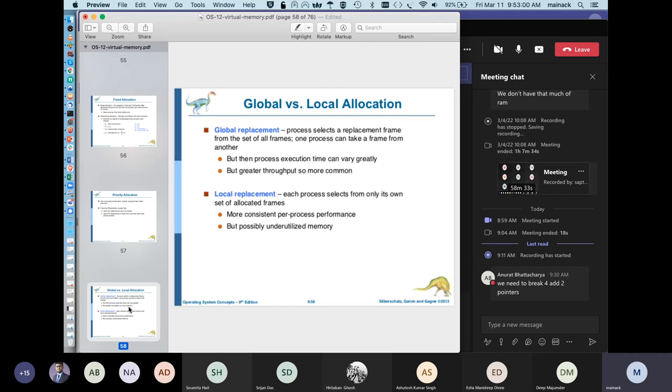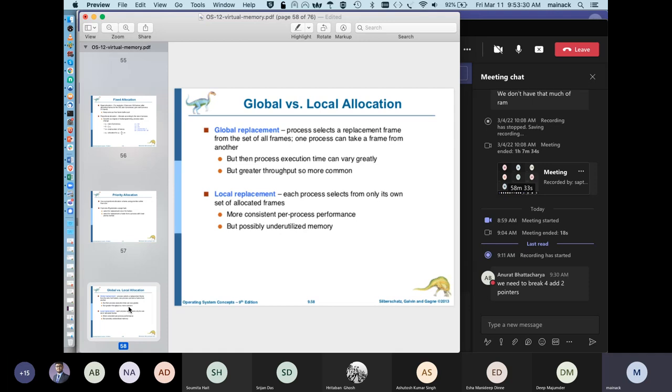That's called global replacement. The OS views the RAM as a whole. The second flavor is local replacement. Each process has its own set of allocated frames, and you move back and forth between one process's frames and another's. One way is to take a frame from a lower priority process and assign it to a higher priority process.